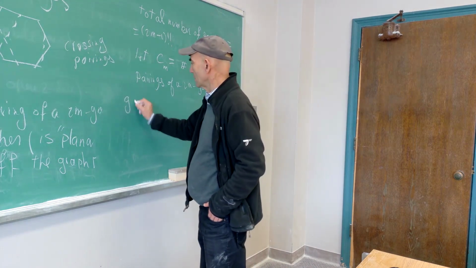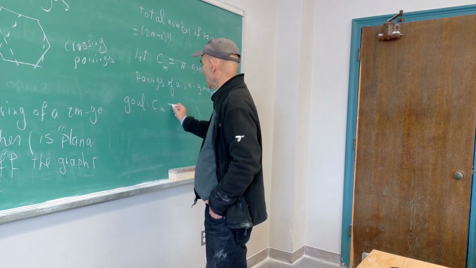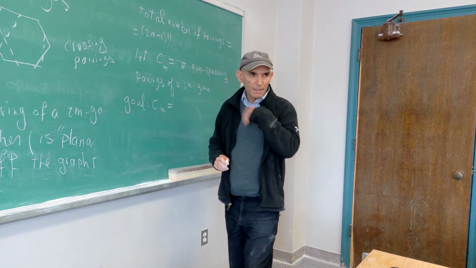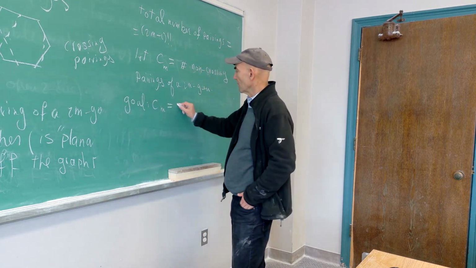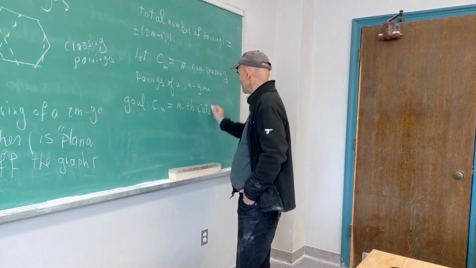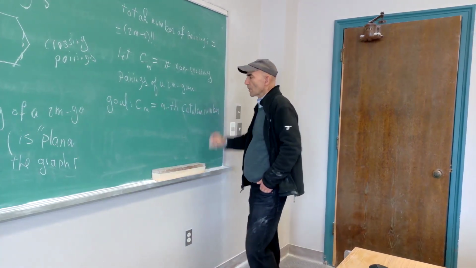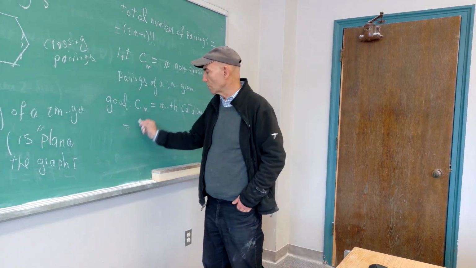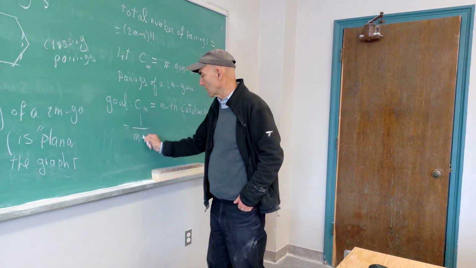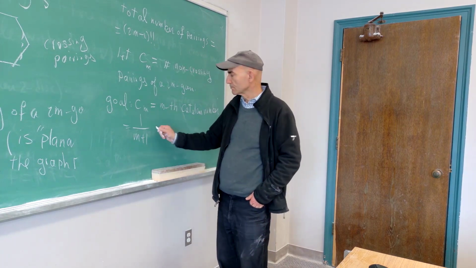Our immediate goal is to show that C_m is equal to the mth Catalan number, the famous Catalan number, which is equal to 1 over (m+1) times 2m choose m.